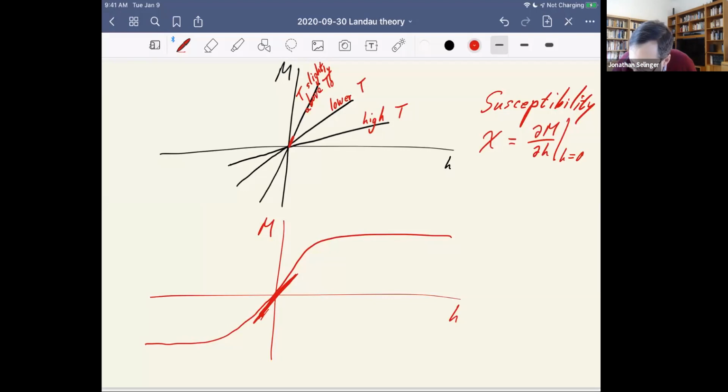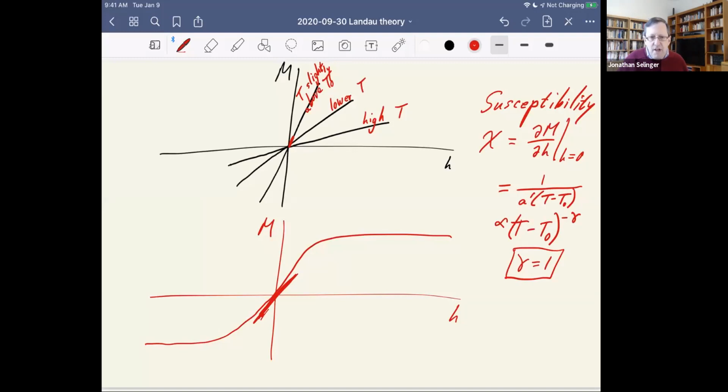And so our prediction from Landau theory is that this is 1 over a'(T - T0). So if we wanted to express this in terms of critical exponents, this is proportional to (T - T0) to the negative gamma power, where gamma equals 1. So that is the same critical exponent that we calculated in mean field theory.